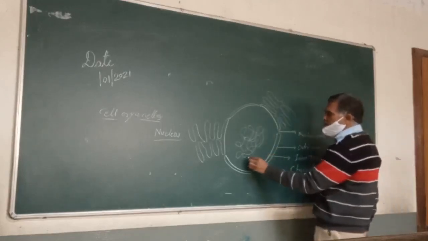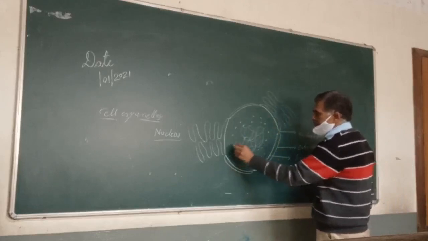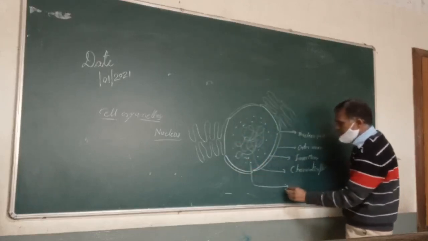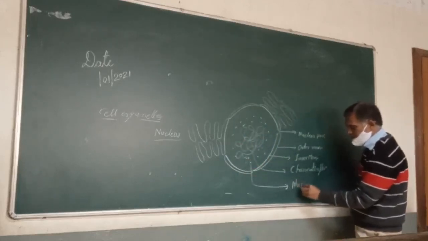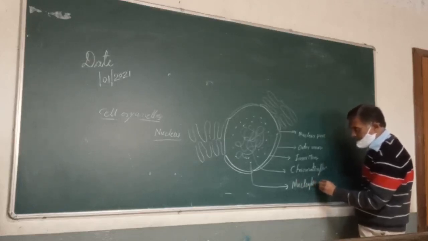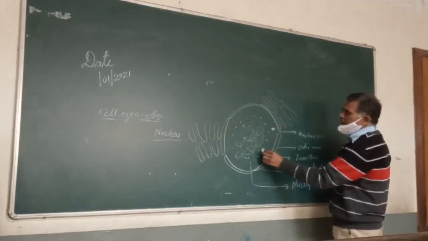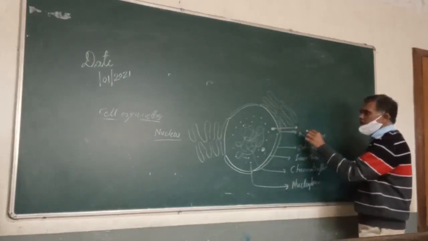The ground substance is known as nucleoplasm. One or two granular substances may be there, known as nucleolus.